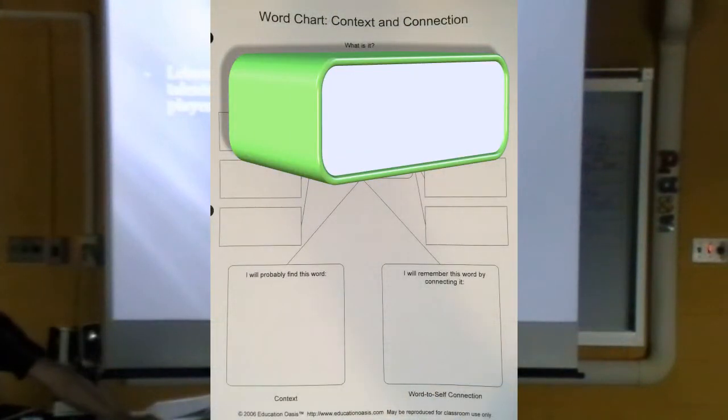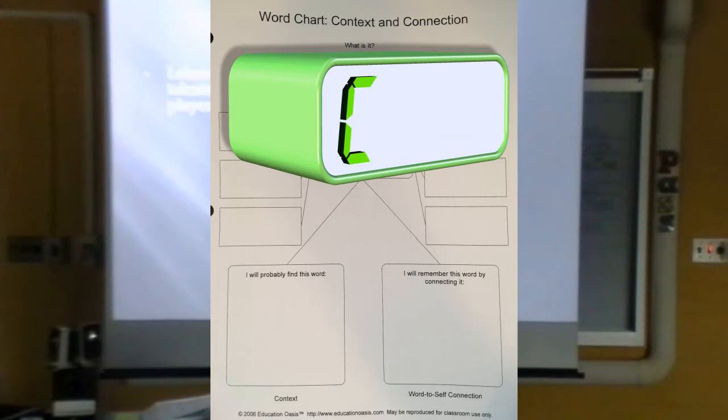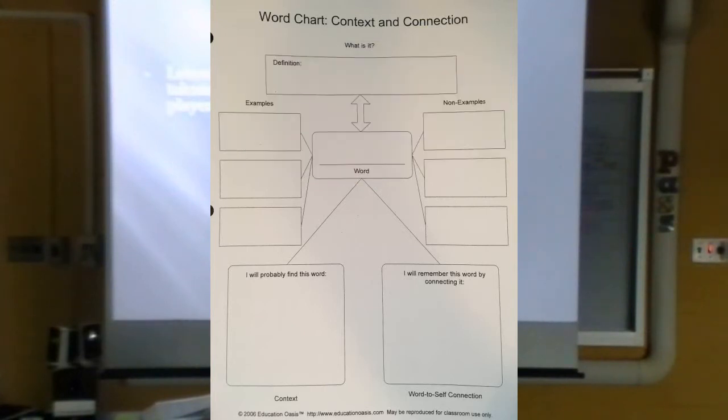All right, so I'm going to present you with your examples of the concept and your non-examples of the concept. Okay, so in the boxes on the handout, the box at the top that says definition, remember, we don't fill that out until last.